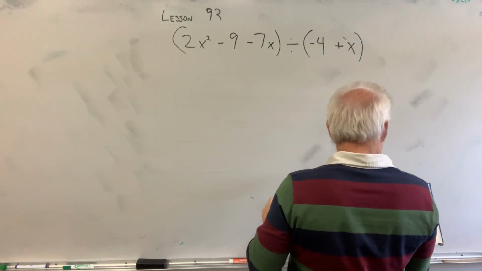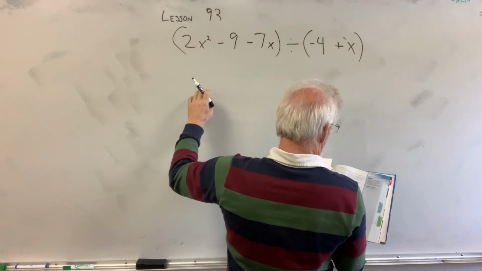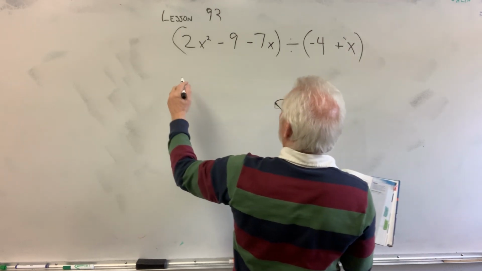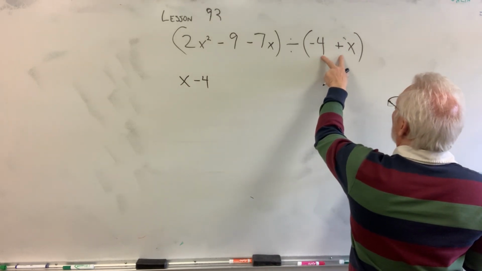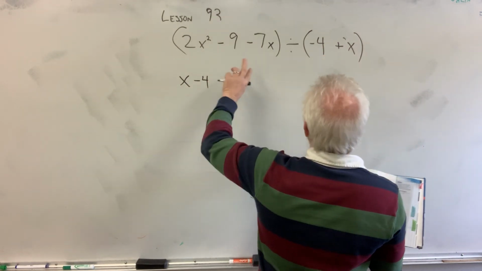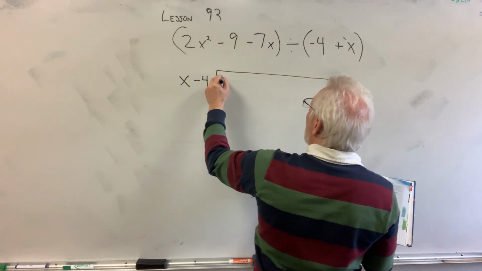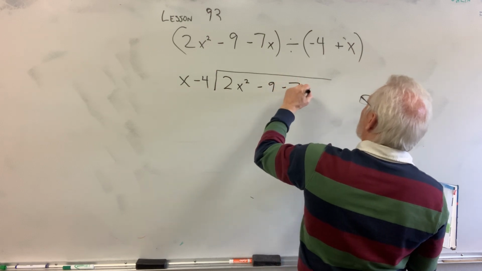Again, we're going to write this like a good old-fashioned division problem. In this case, we're going to put the x in front. So we'll go x minus 4. I hope everybody figures out how I got that by just flipping the two terms. Divided by 2x squared minus 9 minus 7x.